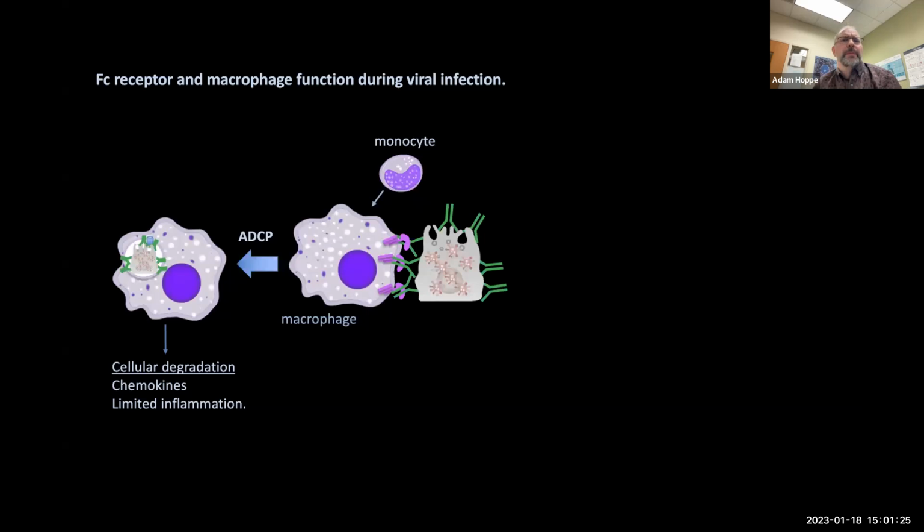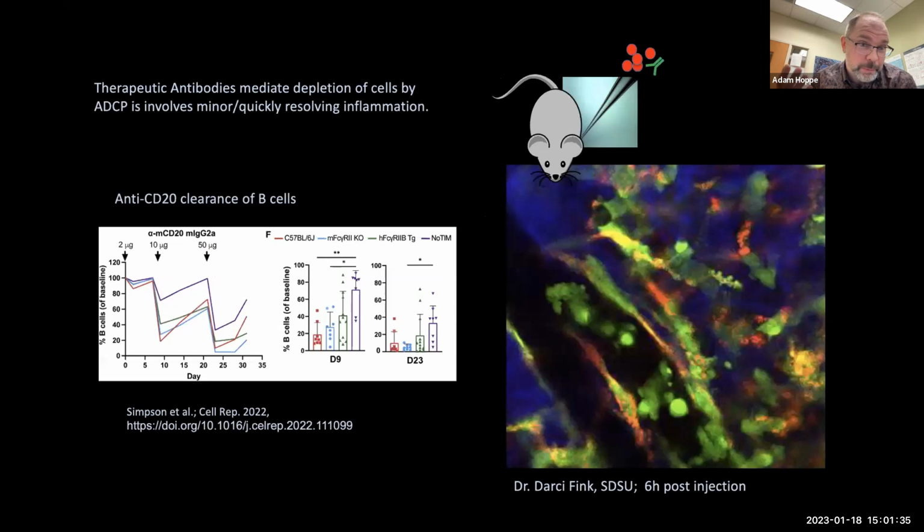So if we think about the macrophage function during viral infection, I'm going to give you some examples of some of the things that I think are important here. And much of these ideas come from the therapeutic antibody field, in which we're generally trying to remove specific cells, cancer cells, from the body.